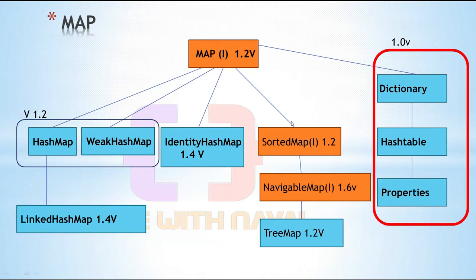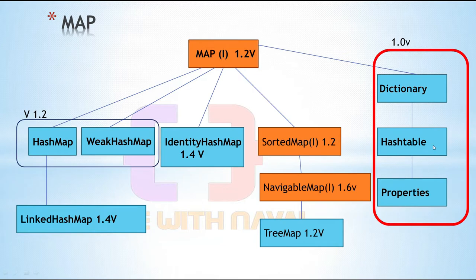Let's discuss Map. Map was introduced in Java version 1.2, and along with that, HashMap and WeakHashMap were introduced in 1.2. Then in 1.4, IdentityHashMap and LinkedHashMap were introduced, and here we have some interfaces: SortedMap, NavigableMap, and then TreeMap.